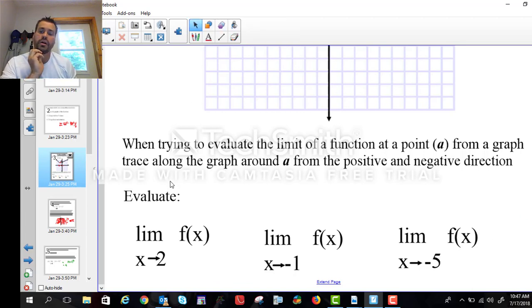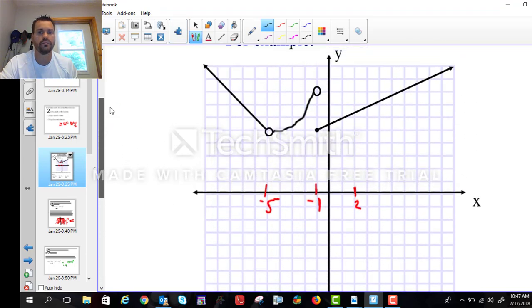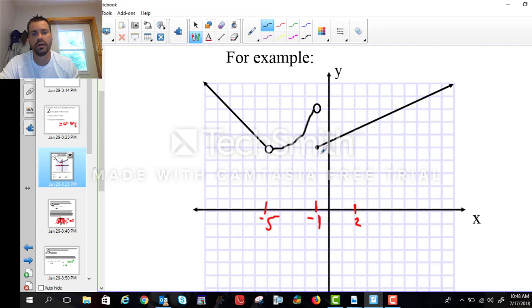When we try to evaluate the limit at a point, it's going to tell you x approaches 2 or -1 or -5. What we do is we go to the graph. So let's take this example first. We're going to try the limit as x approaches 2. So we're going to go up here, and we're going to trace along this function as we get closer to 2. We're going to come up and say, where is it going as it approaches 2?